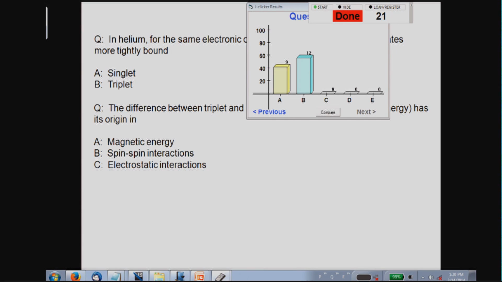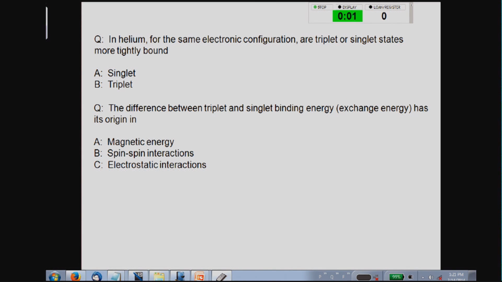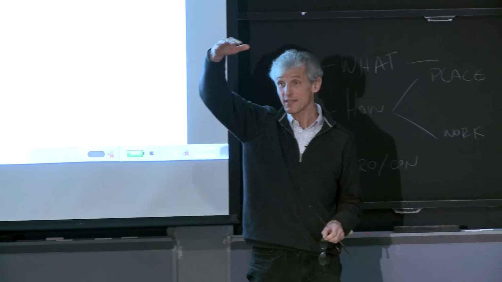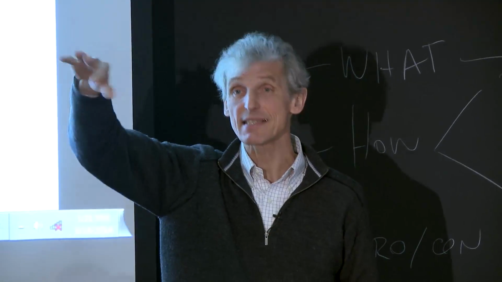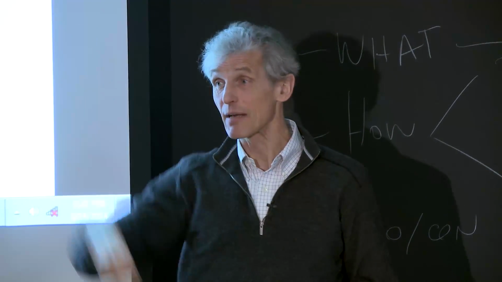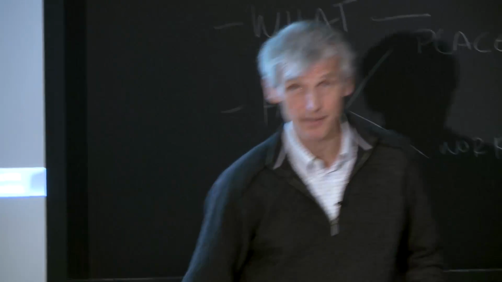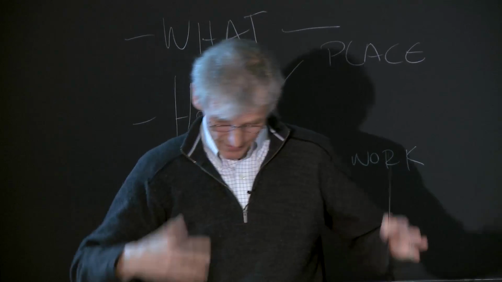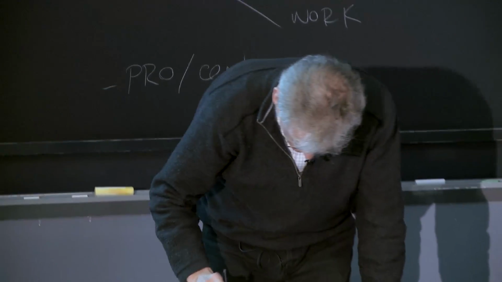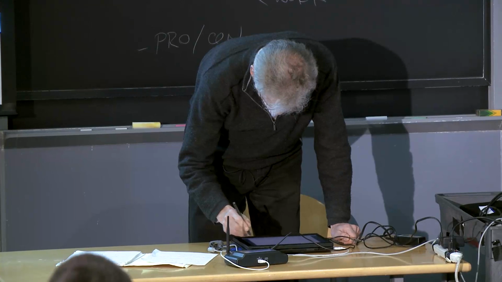For the same electronic configuration, I'm not asking about the ground state, which has only one configuration and only one state. Now we go to the excited states. There are a number of excited states that have the same configuration, but they can be classified by singlet and triplet states.